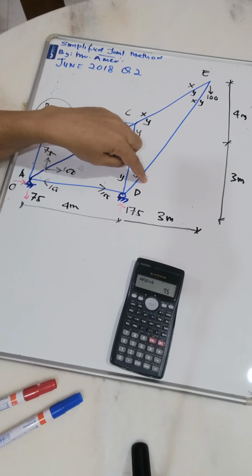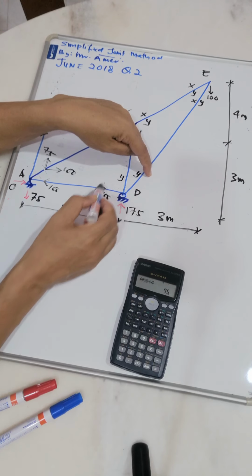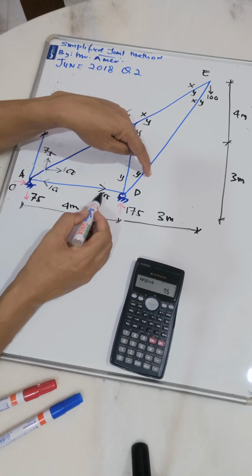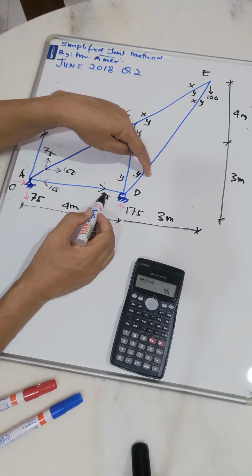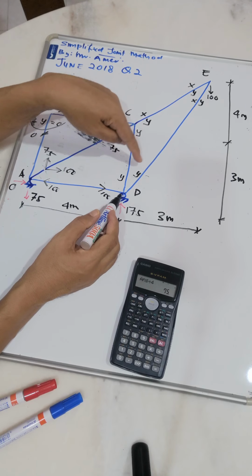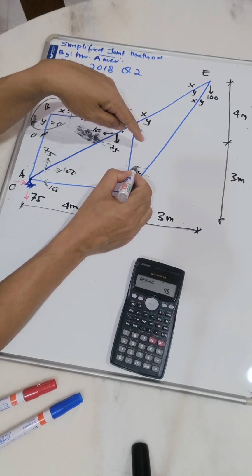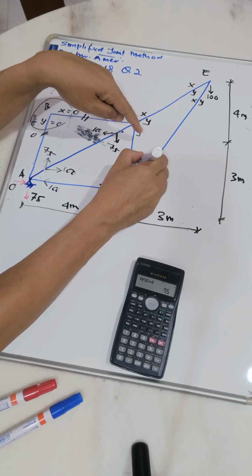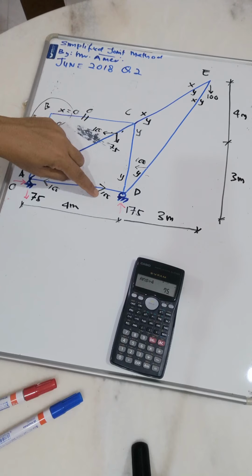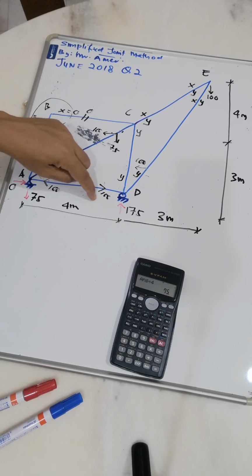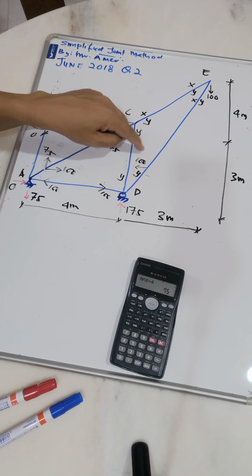So when you look at this joint D, you have 1 force in X, 100 kilonewton to the right, balanced by 100 kilonewton to the left. It means summation of force in X equals 0.